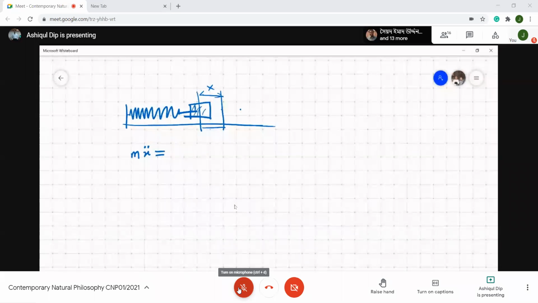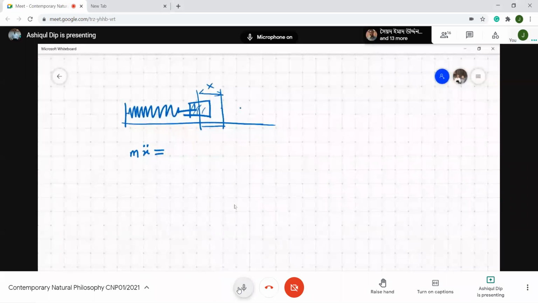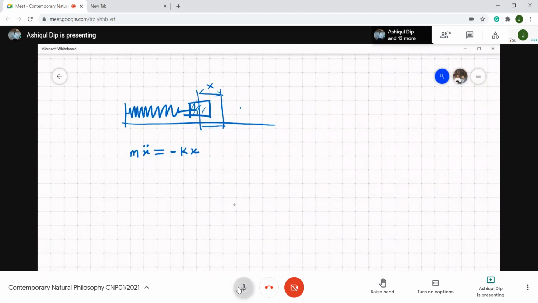Minus kx and minus b x dot. One is negative kx, right? Yeah, because it should be opposing the displacement.